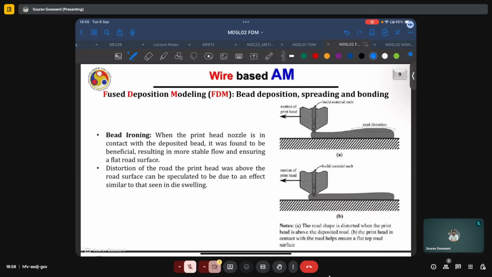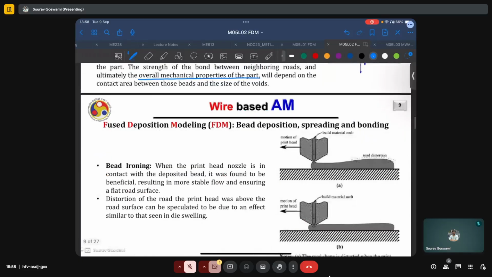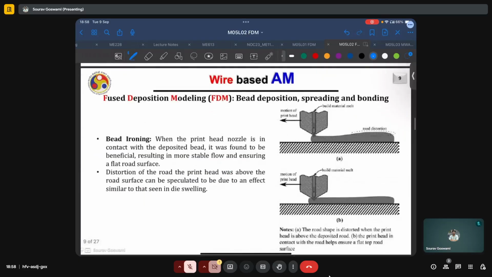Bead ironing is the phenomenon where the print head nozzle is in contact with the deposited bead, as we saw in this second case here. It was found to be beneficial, resulting in a more stable flow and ensuring a flat road surface. In the first case, there is some gap between the top surface of the deposited bead and the nozzle itself.